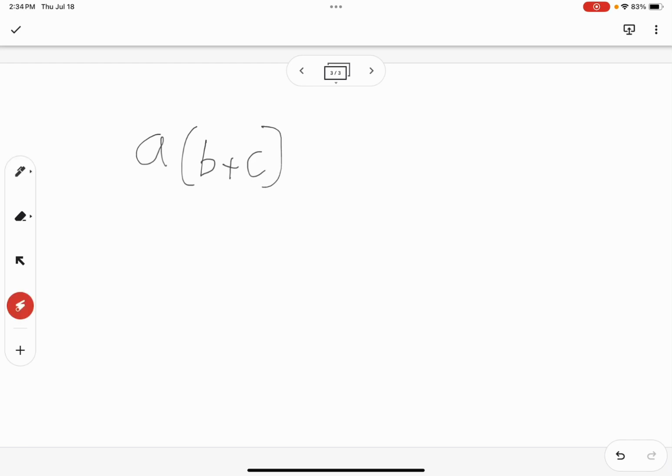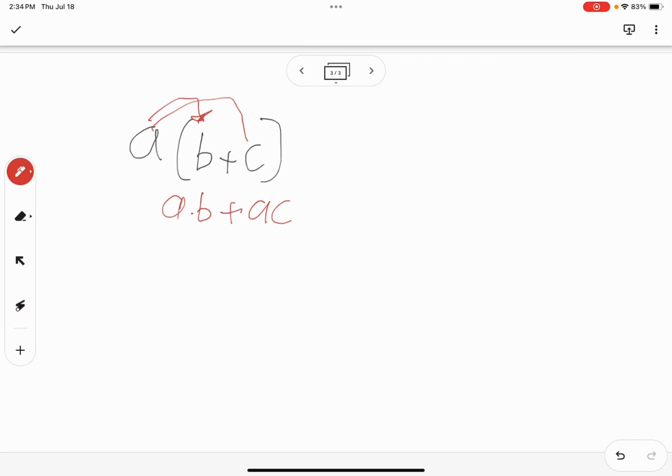So again, we want to multiply the A by the B and the A by the C. So here, just like we did before, we're going to take A times B and A times C. And again, we're bringing down this plus sign because that's what was in the middle to begin with. So A times B plus A times C.